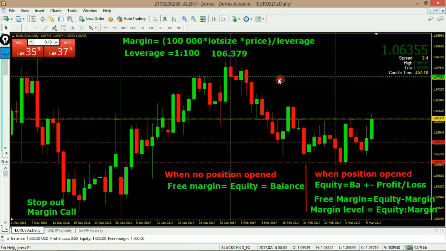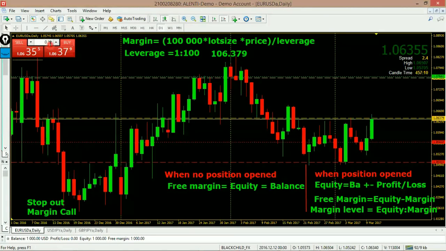So whether you open a short or long position, all transactions will start at a loss because of the spread, and the amount in dollars of the spread depends on the lot size which you chose.